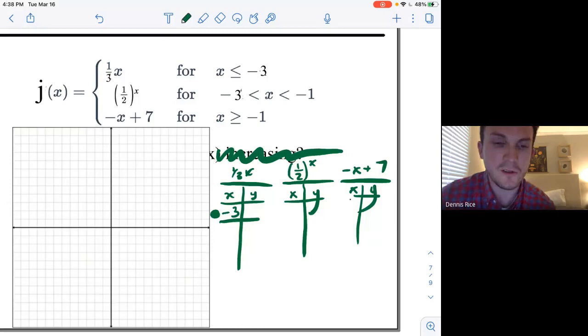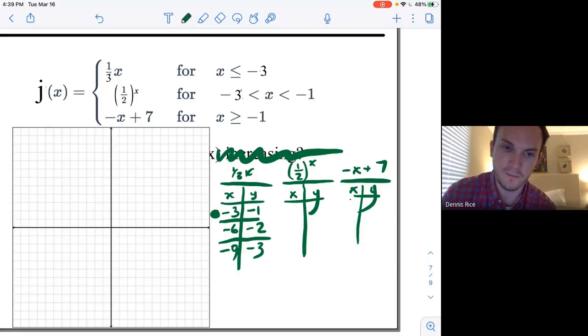And now we want to choose a few things that are less than -3. And I could be selective here. Because I see the 1/3, I'm going to choose multiples of 3 to make this work out nicely. Do you have to do that? No, but it will work out. I could do this mentally now without even a calculator. So this is going to be -1. This is going to be -2. And this is going to be -3. And that's it.